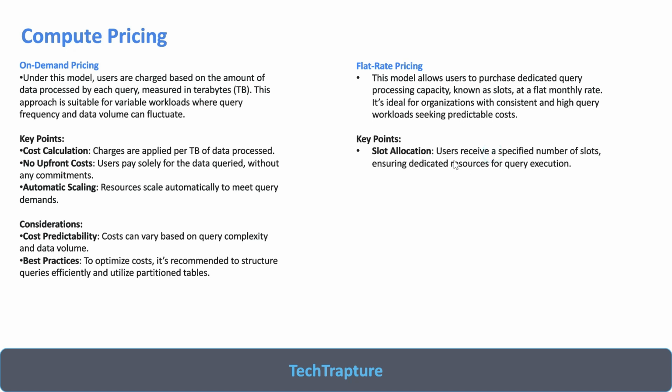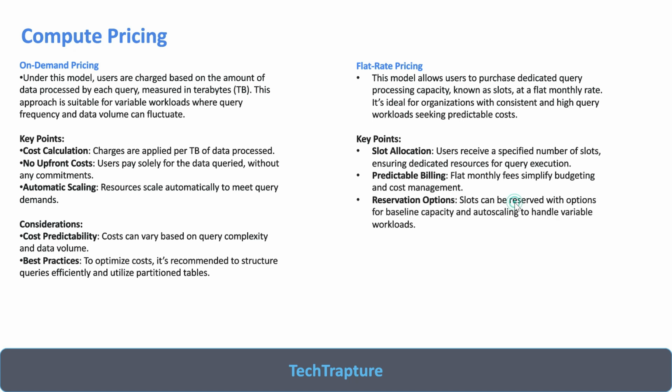Key points: users receive a specific number of slots, ensuring dedicated resources for query execution and predictable billing. It's not like something unexpected comes up, because you already purchased the flat rate pricing, so you are going to pay only for what you purchased. With the reserved option, you are reserving the slots, so you will have the capacity, and auto scaling will be there.